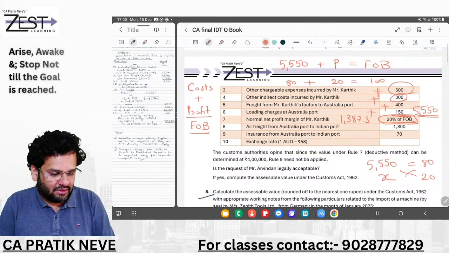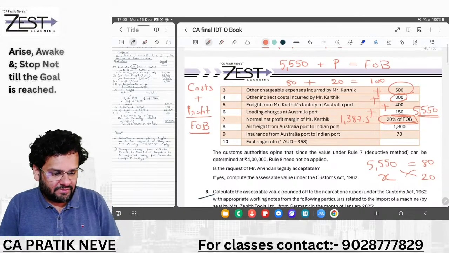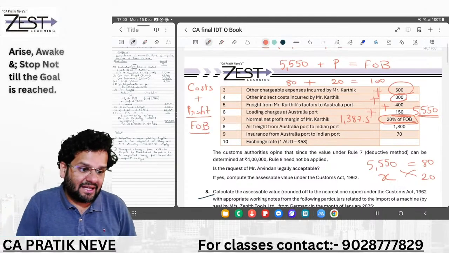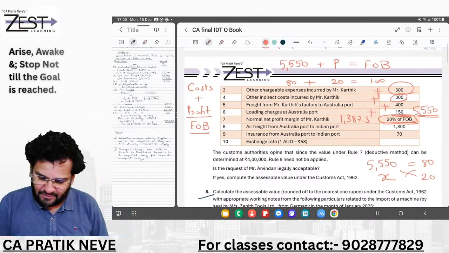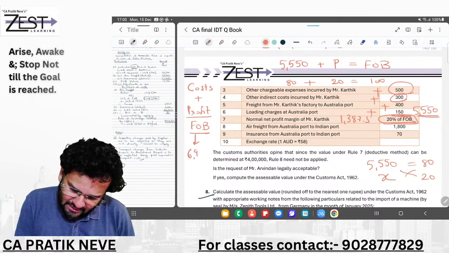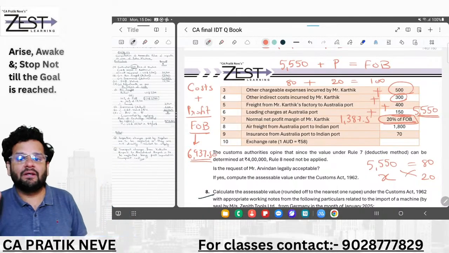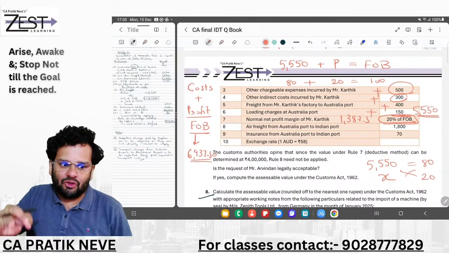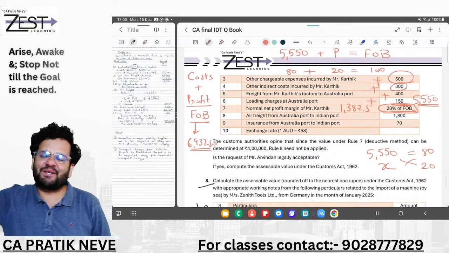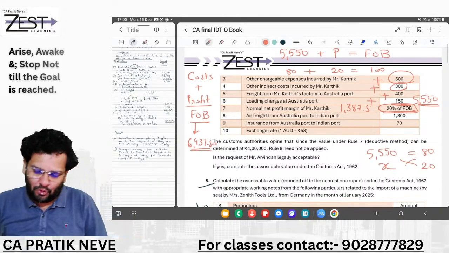Take on your calculator now: 5550 plus 1387.5 is 6937.5. That is your FOB. Now in FOB you add transport cost. Which transport cost am I talking about? From exporter's port to importer's port.